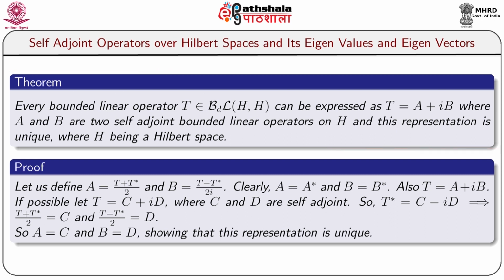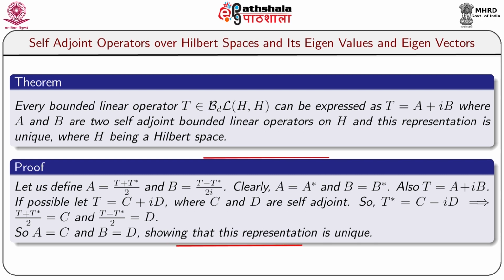The proof looks like this. Let us define A = (T + T*)/2 and B = (T − T*)/2i. By routine calculation, we see that A = A* and B = B*. Also, T = A + iB.